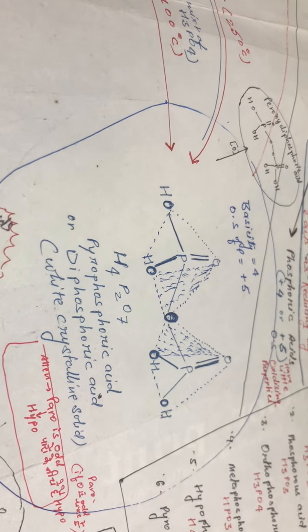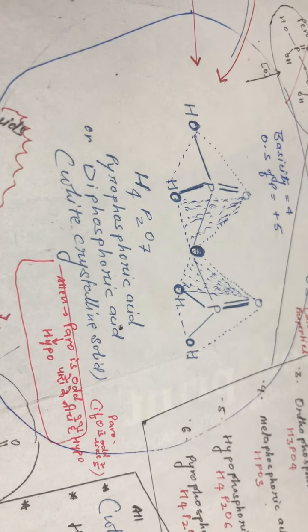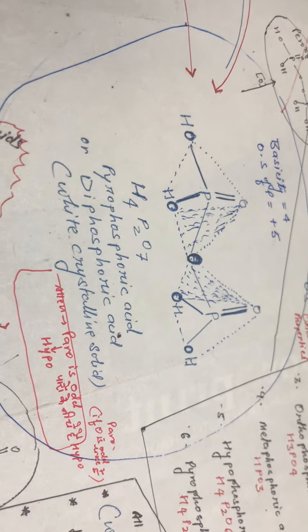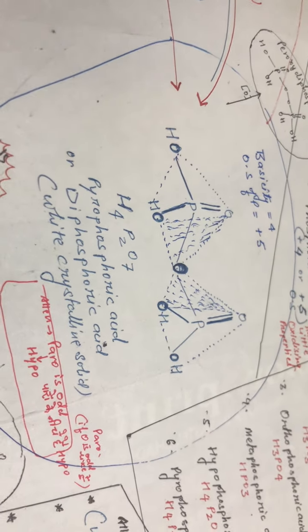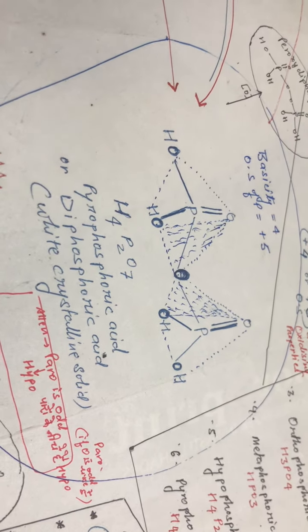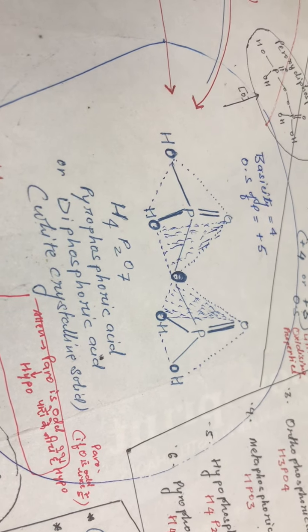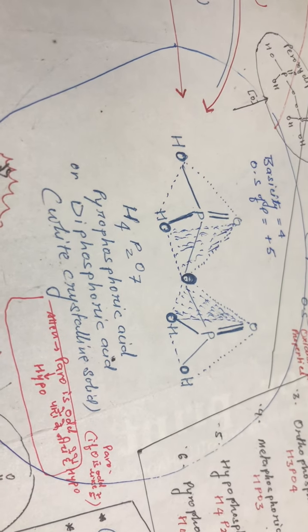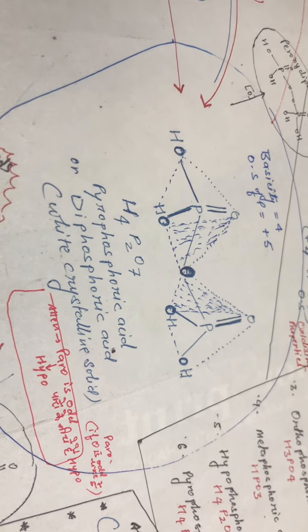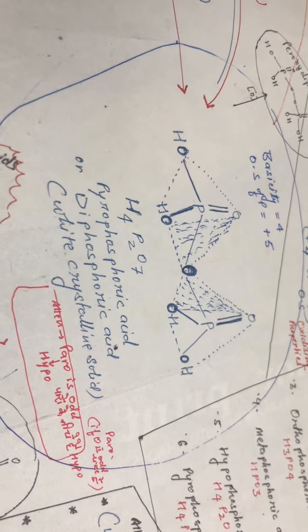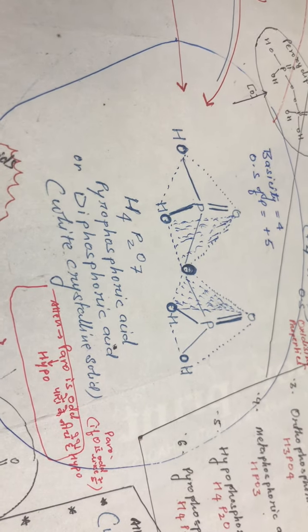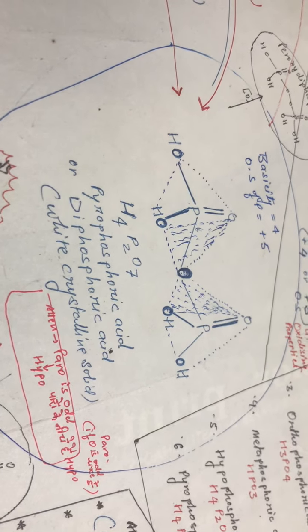You can see phosphorus is linked with 4 oxygen and hydrogen. That means its basicity is 4. And still the oxidation state is +5. That's why its name is ic. The ic word is used when the oxidation state is either +5 or +4. Otherwise, for a lower oxidation state we have to use ous.